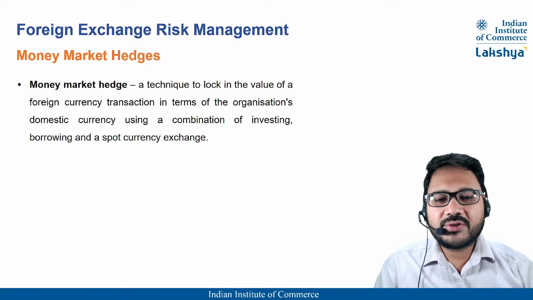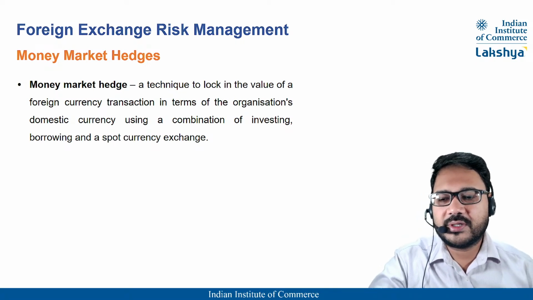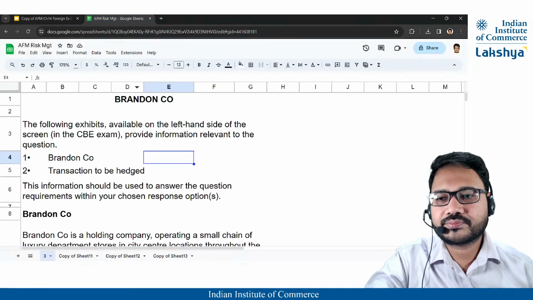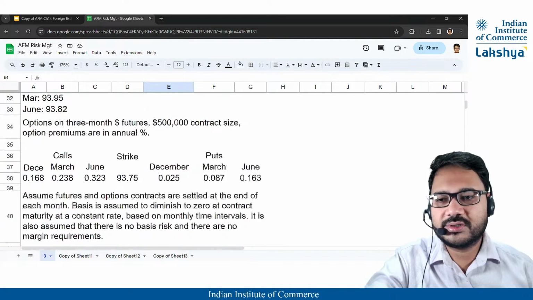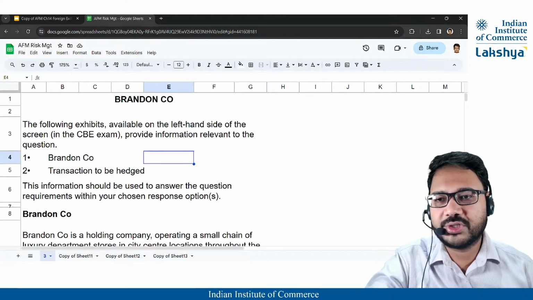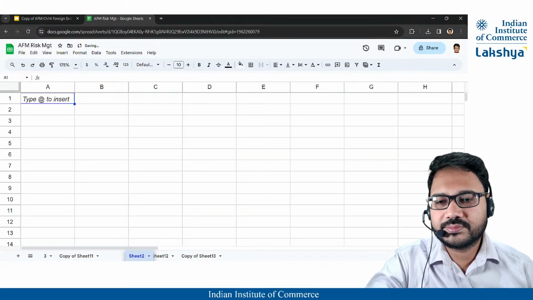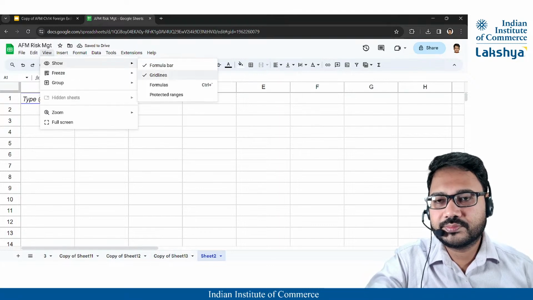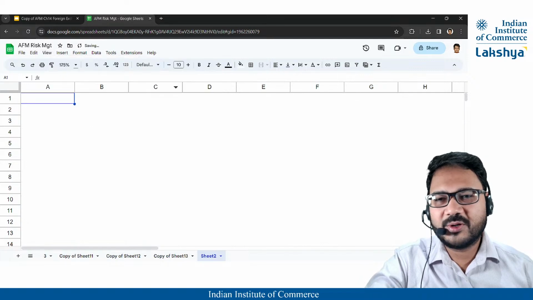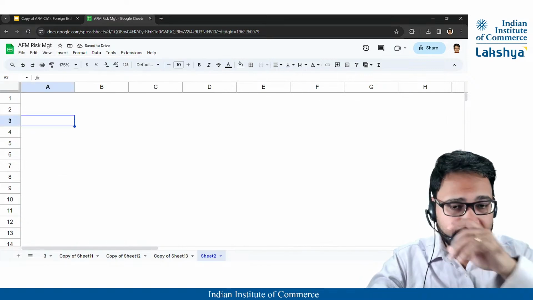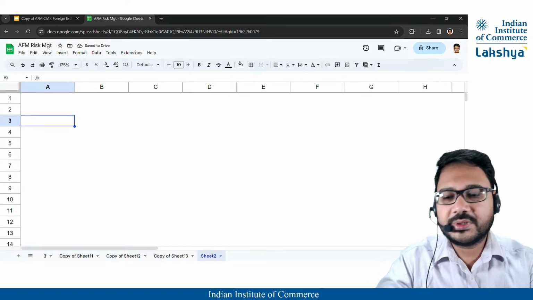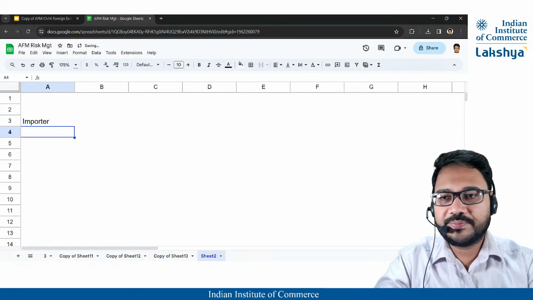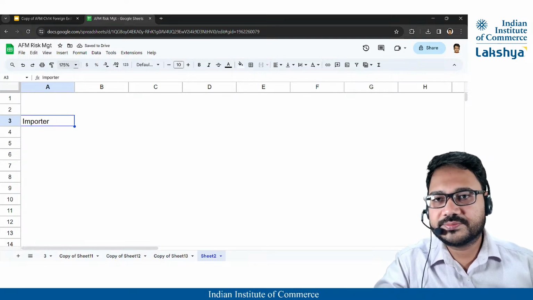Right? If you are to receive, now wait, let me just put it on the spreadsheet. Okay, I'll just go down. I'll just make a new sheet. I don't like these grid lines. Okay, so say for example, you are an importer.